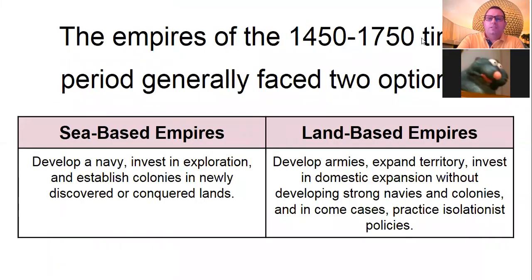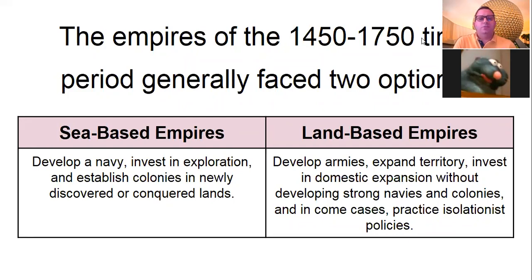All right, so I want to start by focusing on this. If you were going to be an empire during this time period, you pretty much had 2 options. You could either become a sea-based empire, a maritime empire, or you could become a land-based empire.